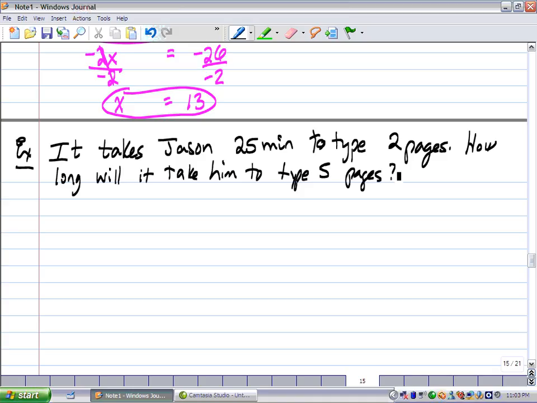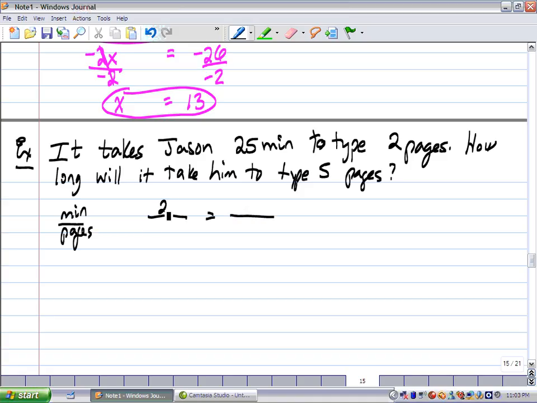When we set up a proportion, we want to make sure that the same unit is in the top on both sides. So I'm going to put minutes on the top and pages on the bottom. You can do it the other way. You get the same answer. You just have to be consistent.